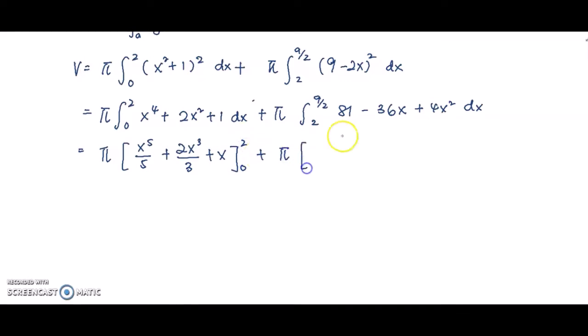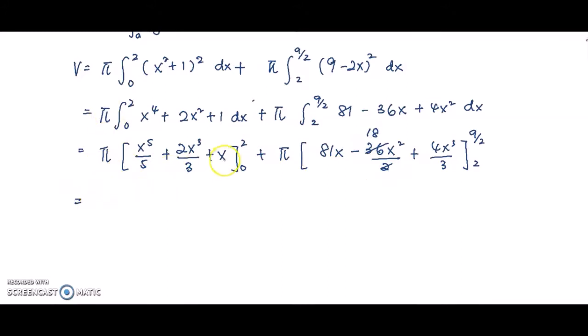Then integrate the second integral. You have 81x minus 36x squared over 2 plus 4x cubed over 3. This is your limit, and here you can simplify it. You get 18 over here.